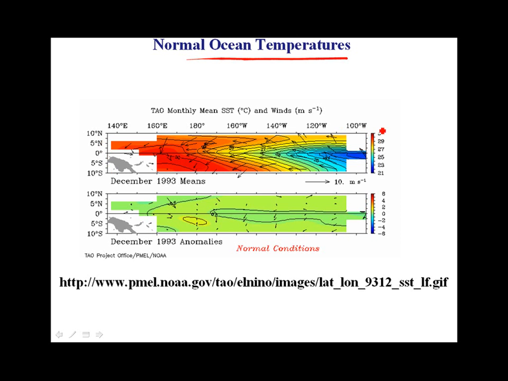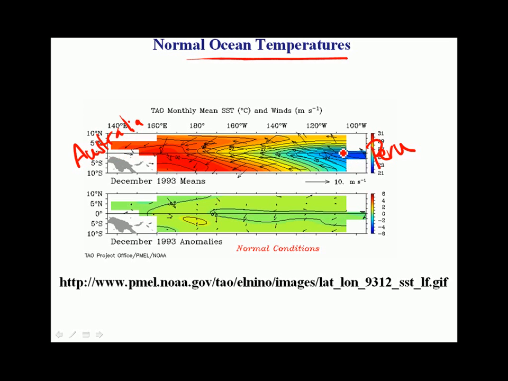Keep in mind we have Peru sitting over here, and we have Australia sitting on this side. So again, we're just looking at the water temperatures from Peru to Australia, and these water temperatures are in degrees Celsius, and so we have 24 degrees Celsius.